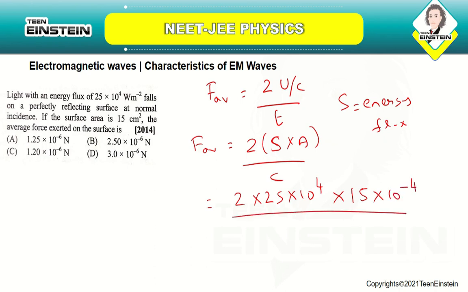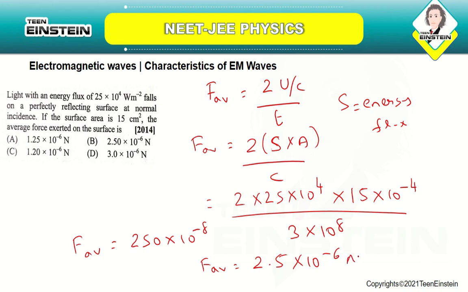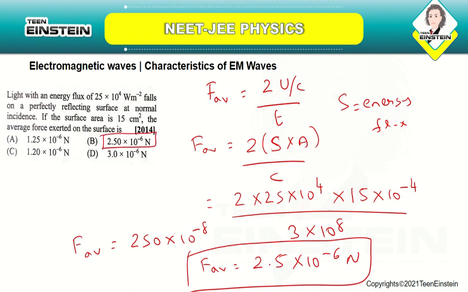So 15 into 10 power minus 4 divided by 3 into 10 power 8. So the average force will be 250 into 10 power minus 8, or F average is equal to 2.5 into 10 power minus 6 Newton. So the correct answer is option number B, 2.5 into 10 power minus 6 Newton. This is the average force exerted on the surface.